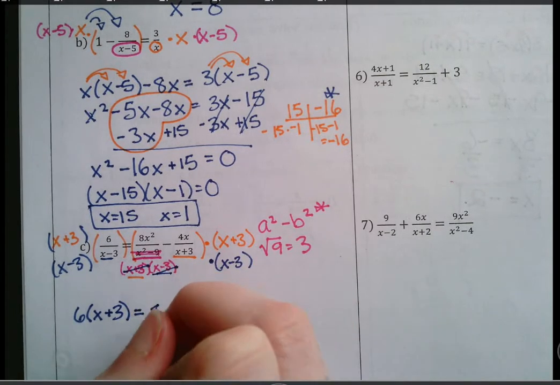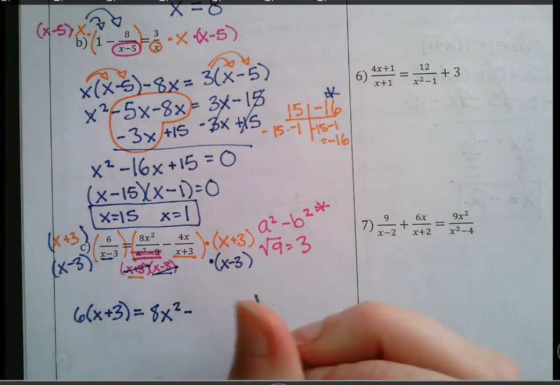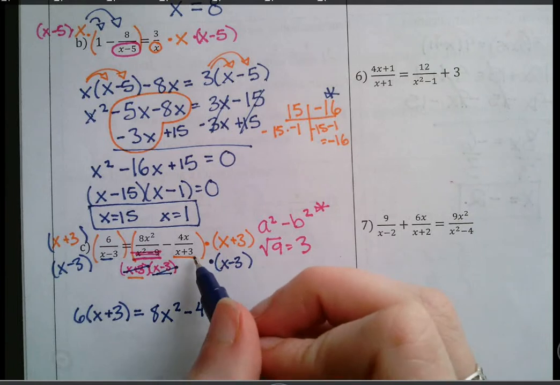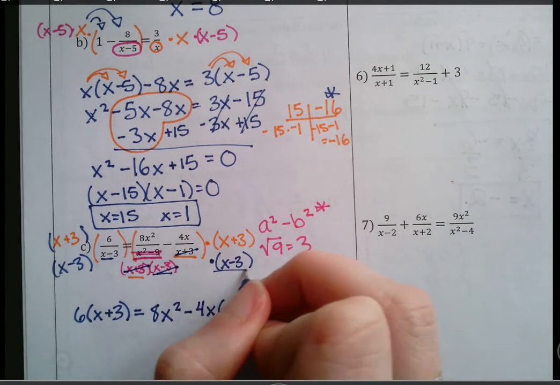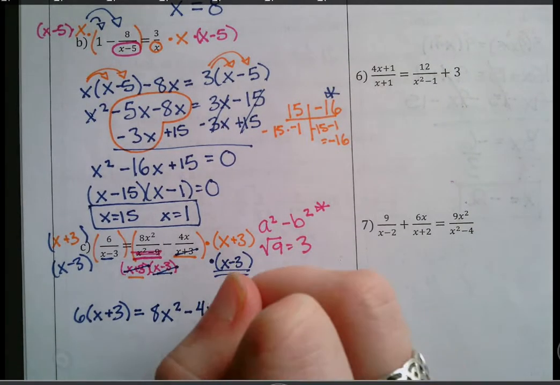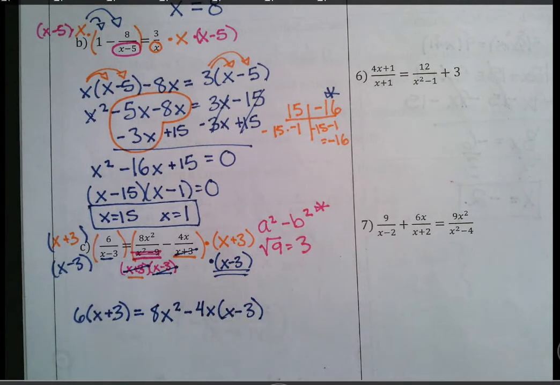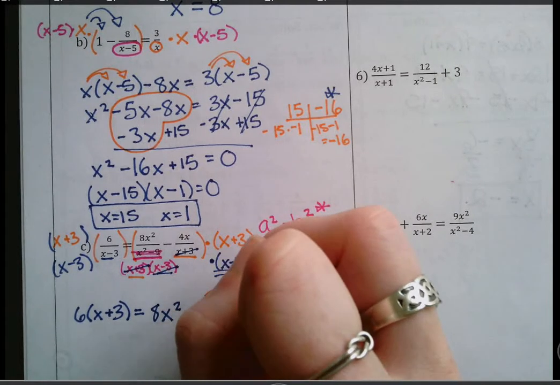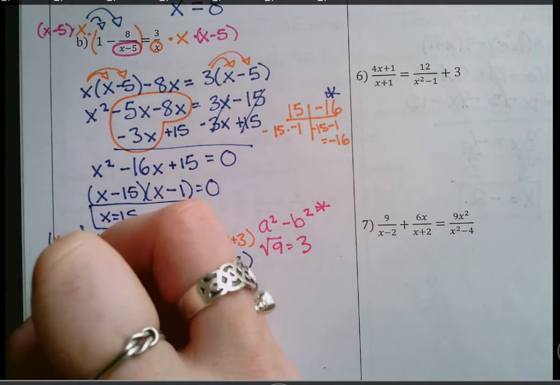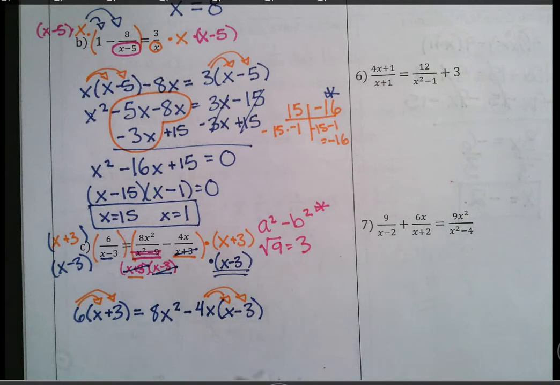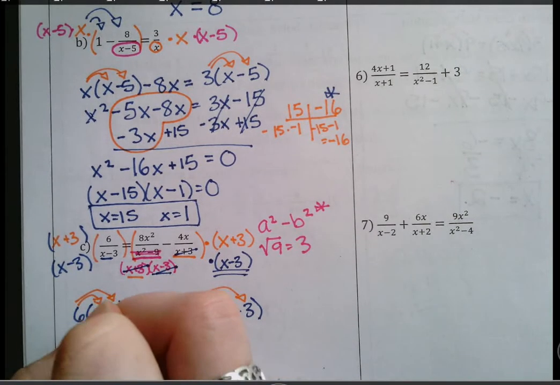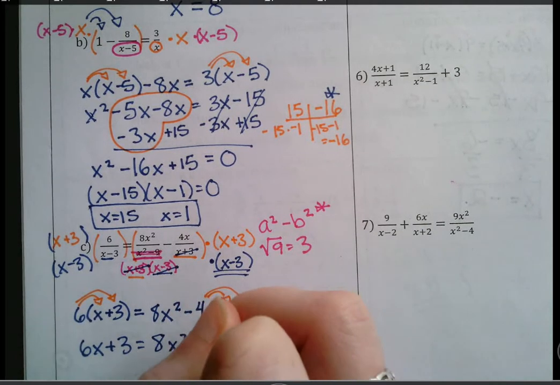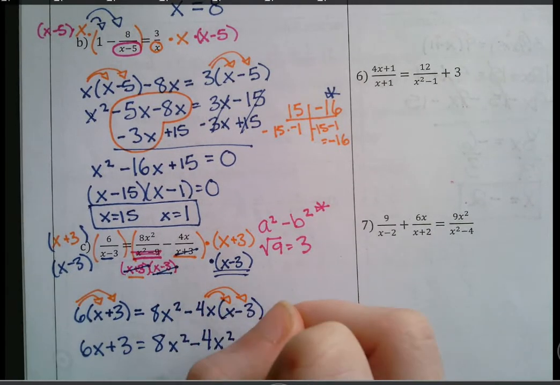So we have an 8x squared then, minus, well I have a 4x, times, this one cancels, but I still haven't multiplied the x minus 3. That is going to come over. Next step, I'm going to be distributing here. So we are going to have a 6x plus 3 is equal to an 8x squared minus 4x squared minus 12x.